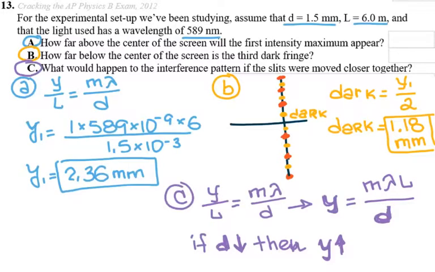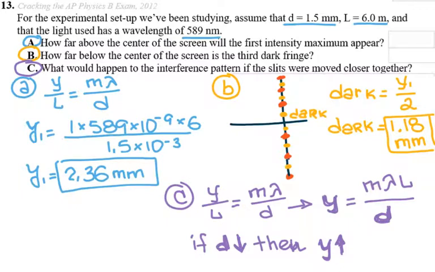So I hope you tried to solve this on your own at first. So for A, you see I used Young's double slit experiment formula, and I calculated that the distance between the center and the first bright fringe is 2.36 millimeters. And then they ask how far below the center of the screen is the third dark fringe.